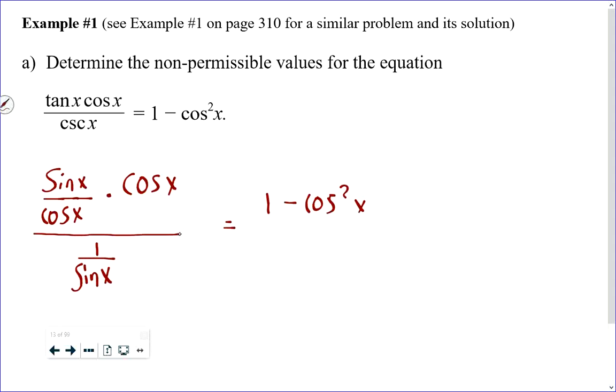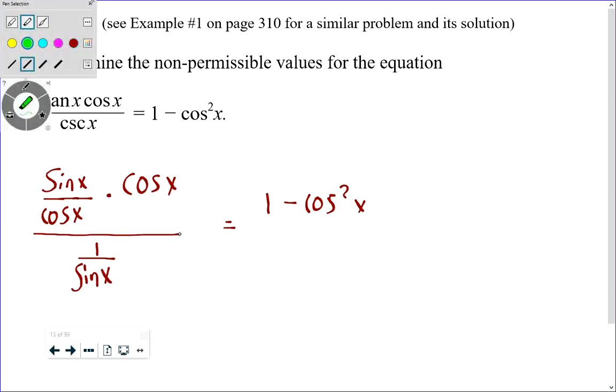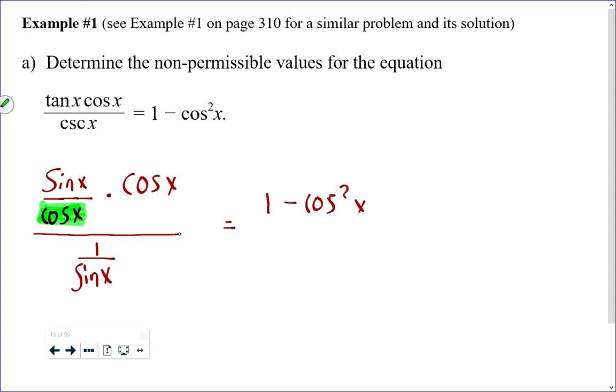So remember, you cannot divide by 0. What does this mean? It means that this thing cannot be 0, because if that is 0, then sine of x over cos x is undefined. You cannot divide by 0.